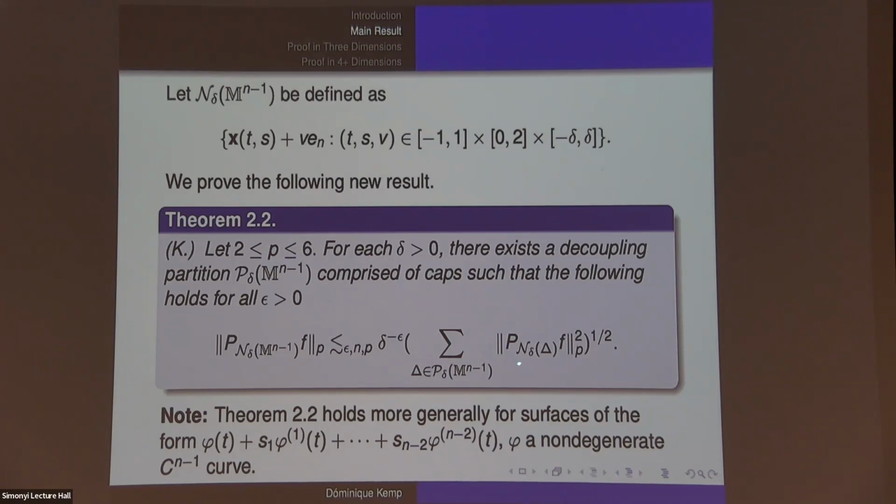Now, concerning these deltas, they are the caps that we saw before, which we know is good enough for most purposes, such as in the Iosevich-Seeger endeavor, although we're not dealing with convex hypersurfaces here. But the main point that I want to say here is that these caps are in a way not quite optimal because they still may have curvature.